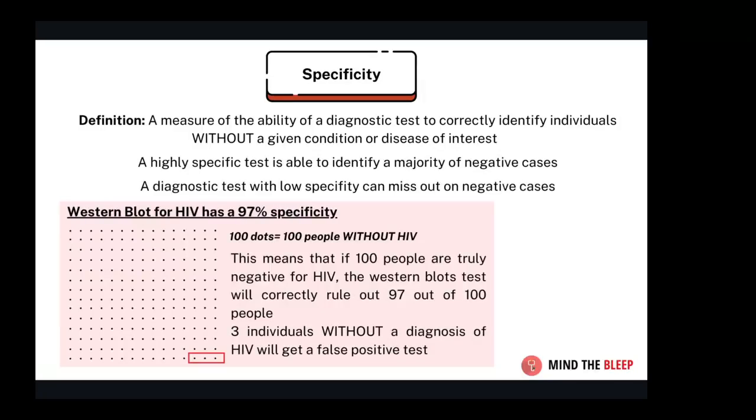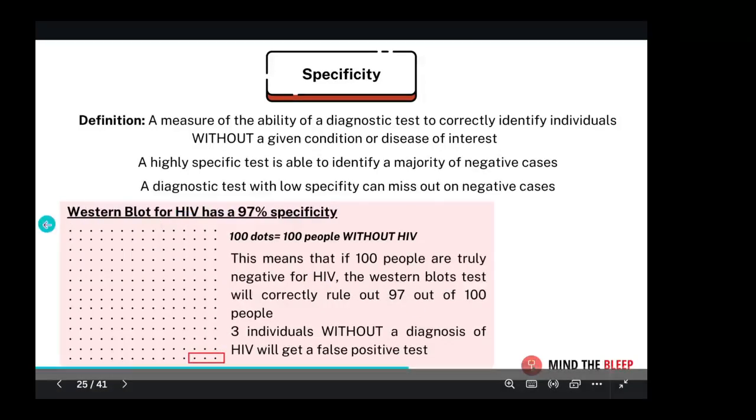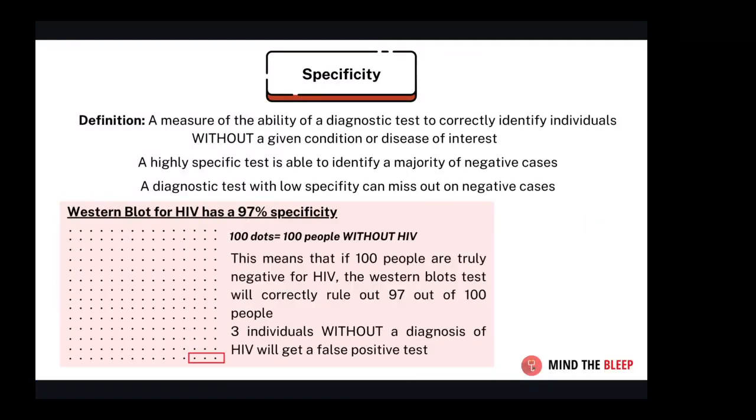Let me explain this with our example. Again, we have our 100 people. These are people that don't have HIV, so they are not HIV positive, and we do a Western blot for all of them. We say a Western blot test has a 97% specificity.